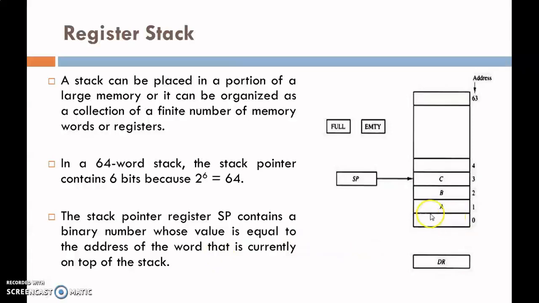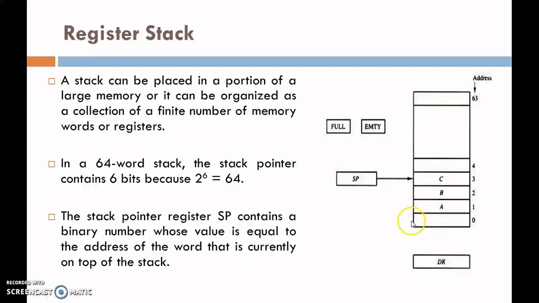Now here, at first, the stack pointer is at address 0, and suppose this register stack is empty at the initial stage. Now the first item, which is A, comes, and to store this item, the stack pointer is incremented by 1.